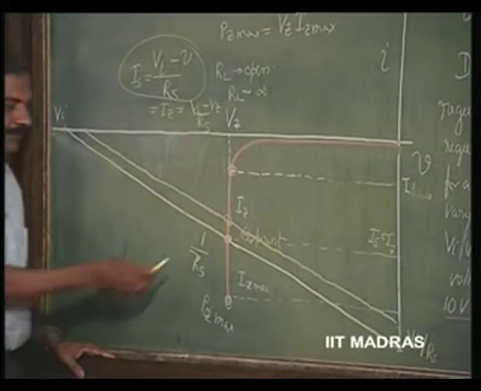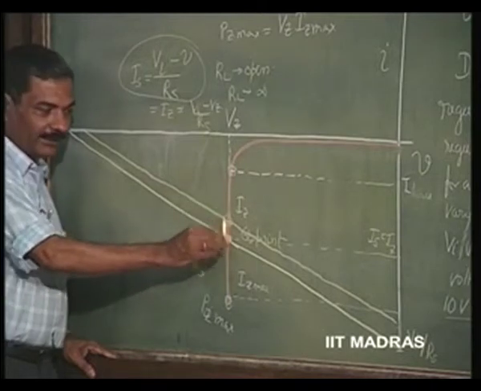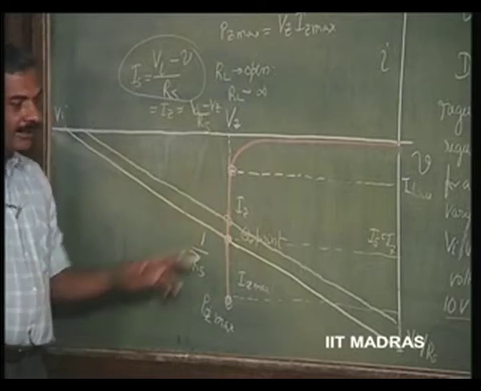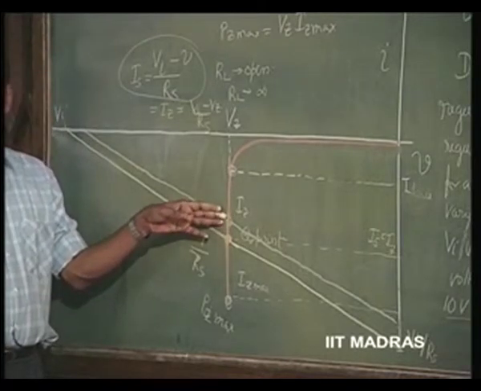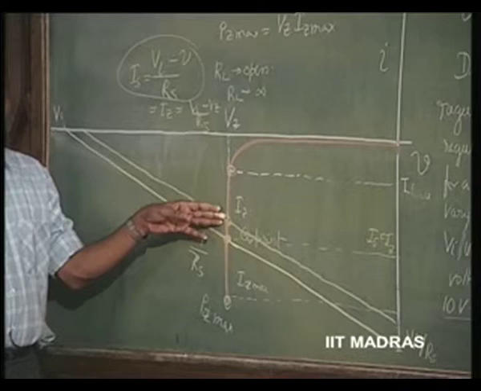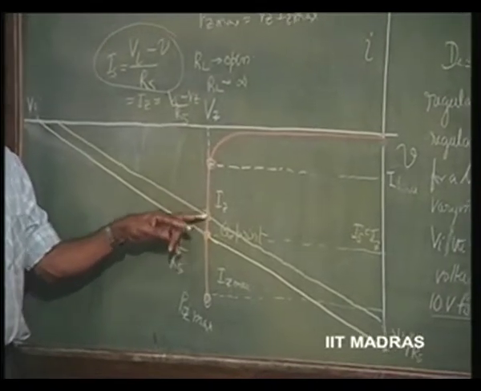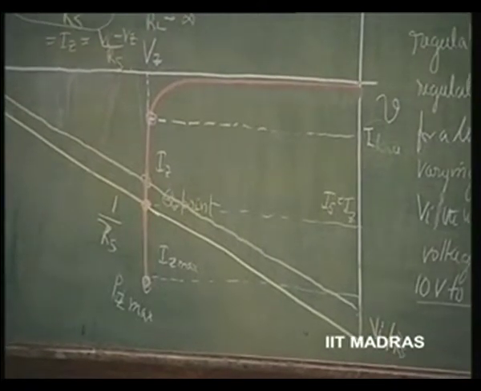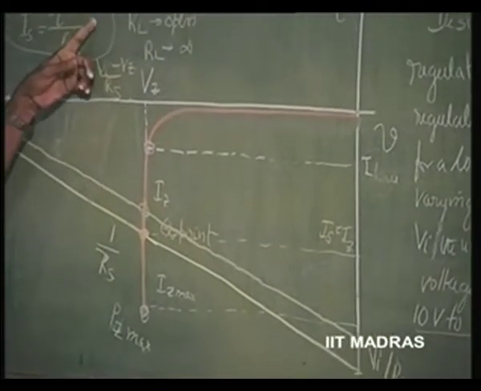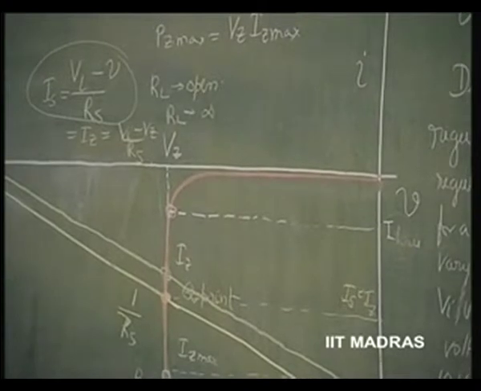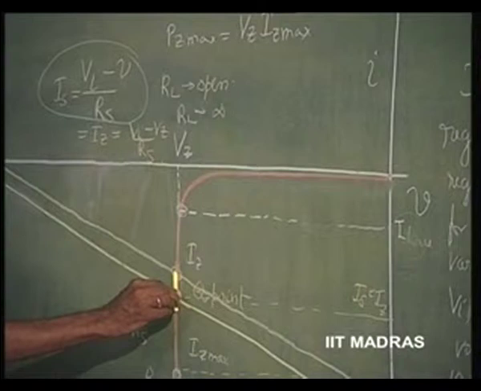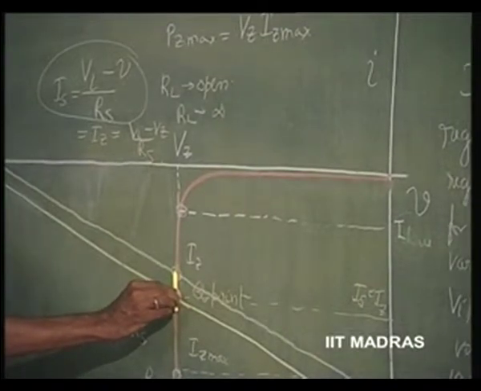We said this variation may be so small that this is assumed to be linear. That means, this is essentially going to remain very nearly constant at Vz. Only this current is going to change now to a new value, which is the new value of VI minus Vz by Rs. Now, if this is vertical like this, there is absolutely no change in voltage, only the current changes.